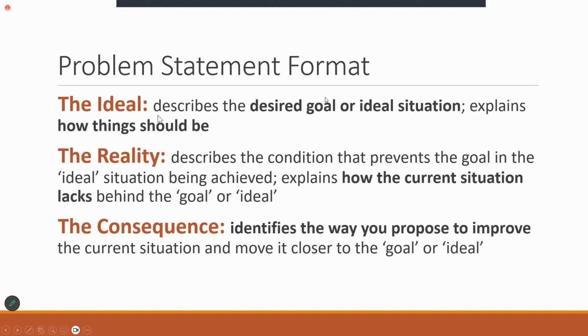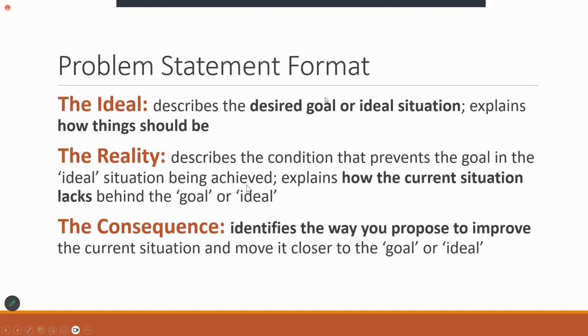The ideal describes the desired goal or the ideal situation. It explains how things should be. It's actually the desired goal. And then the reality describes the condition that prevents the goal or the ideal situation from being achieved.